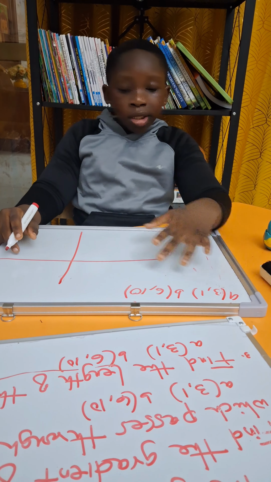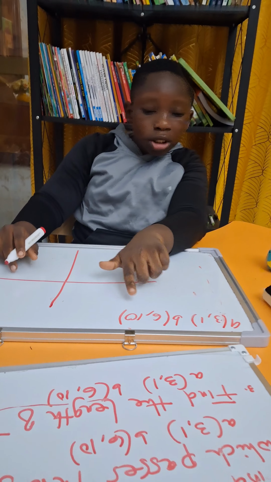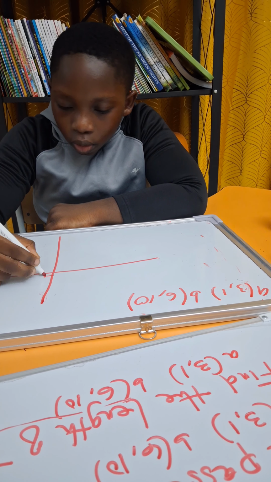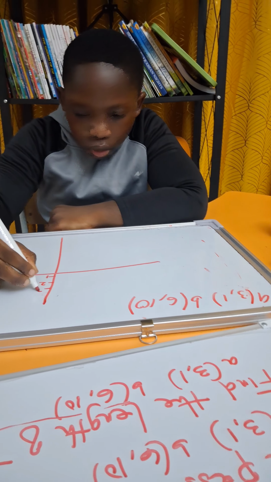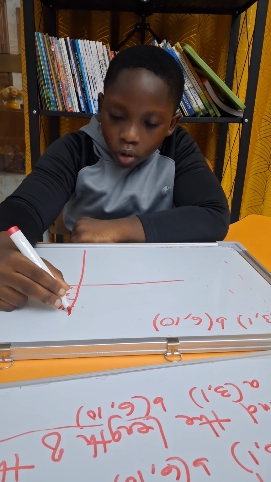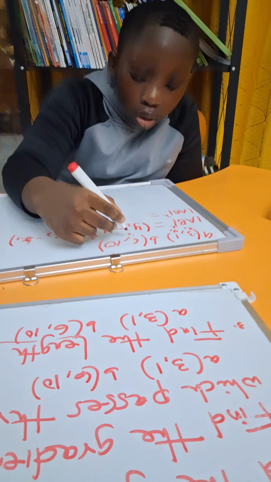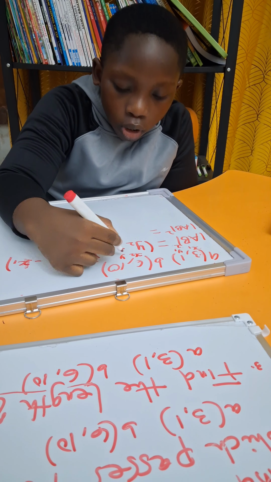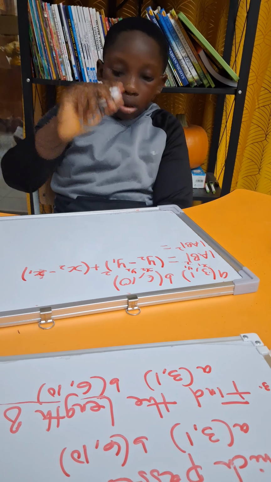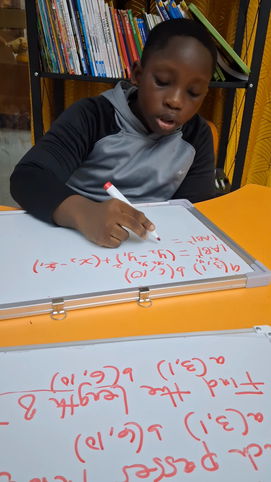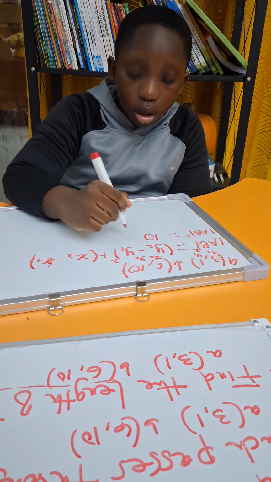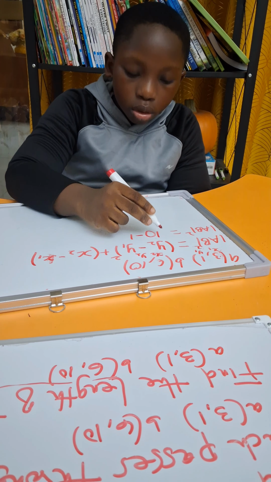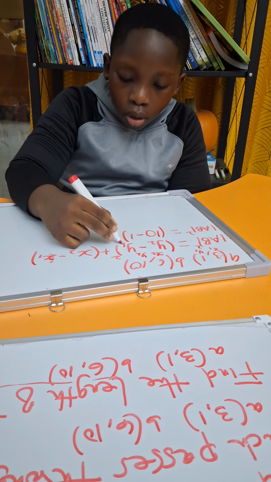Now we find the biggest number here, which is 10. And we label x1 and y1, x2 and y2. Now y2 is 10. We bring in the 10. And y1 is 1. We bring in the 1, then the square.